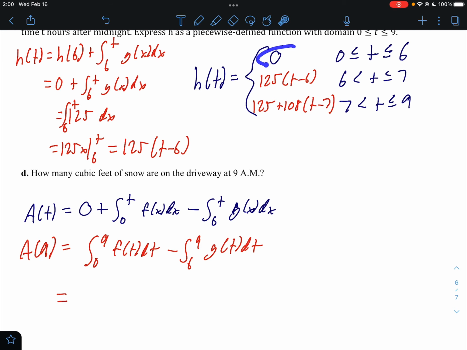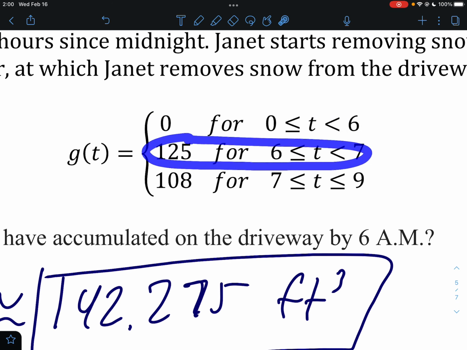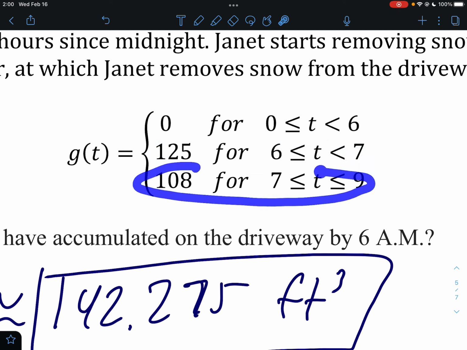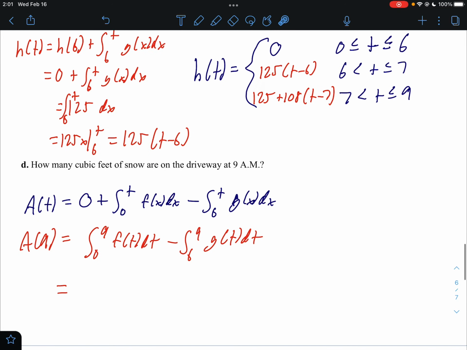She removed 0 here, 125 an hour for 1 hour, so that's 125. 108 an hour for 2 hours, so that's 216. So back down here, whatever the first integral will be, minus 125 times 1 hour plus 108 times 2 hours.